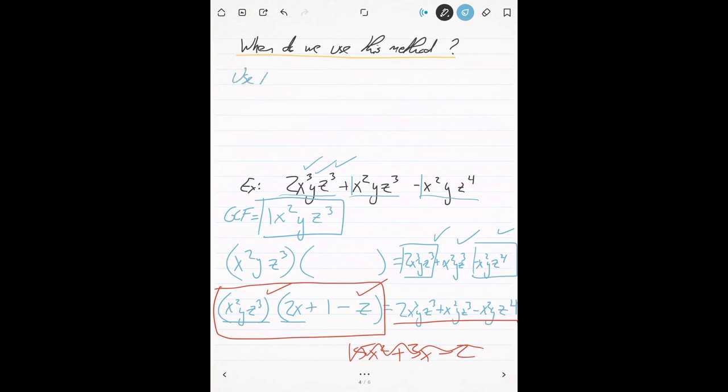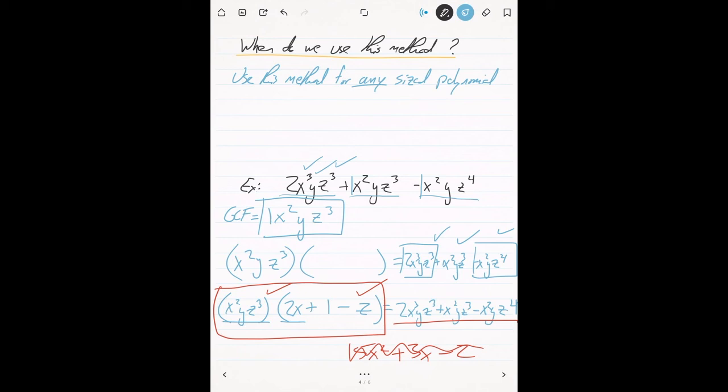Use this method for any sized polynomial. Use it for any type of polynomial you want, right? Binomials, trinomials, 4-term, 5-term, 6-term, whatever.